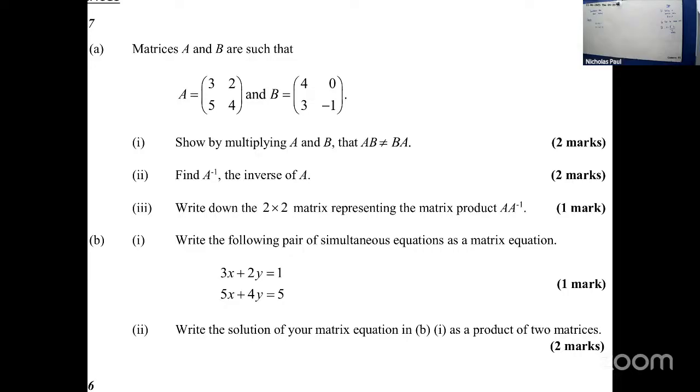That's part A. You should be able to do part 2 and multiply.